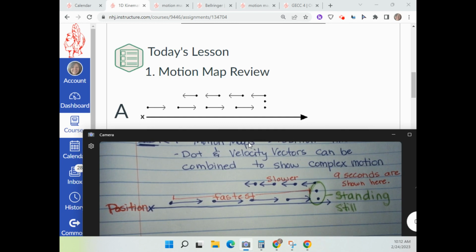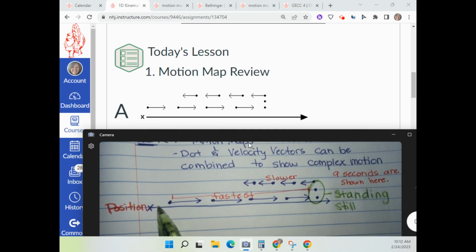Let's trace the motion of this object. If we are standing on the ground, we have 1 second, 2 seconds, up to 9 seconds, and then the 9th second is here, still continuing to move. And I started wrong. I started with 1.